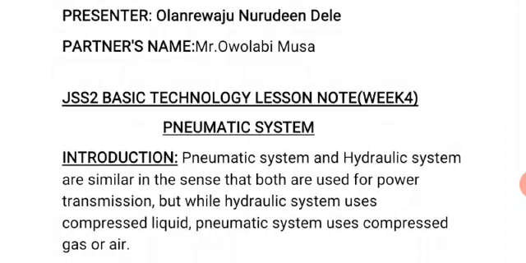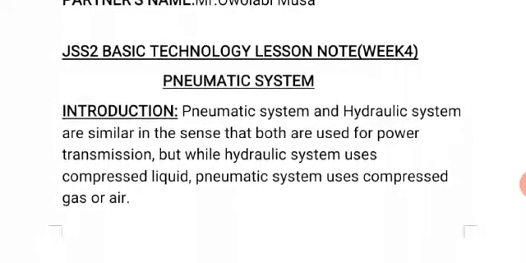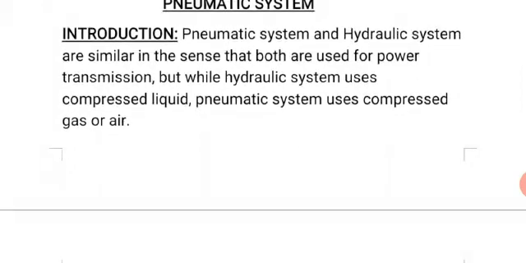But the only difference is that while the pneumatic system uses compressed air or gas to transmit power from one point to the other, the hydraulic system uses liquid. The liquid can be either oil or water. That is the major difference between hydraulic system and pneumatic system.